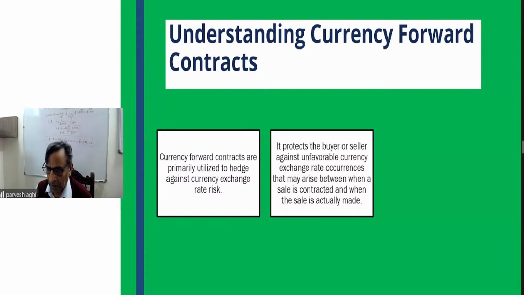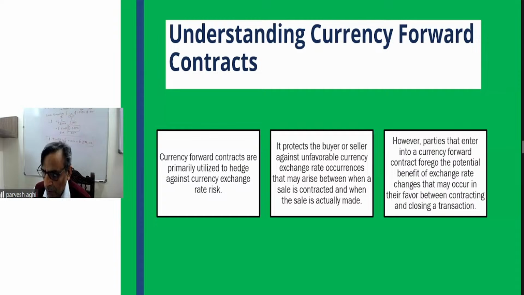However, this is very important, so please focus here. Parties that enter into a currency forward contract forego the potential benefit of exchange rate changes that may occur in their favor between contracting and closing a transaction.